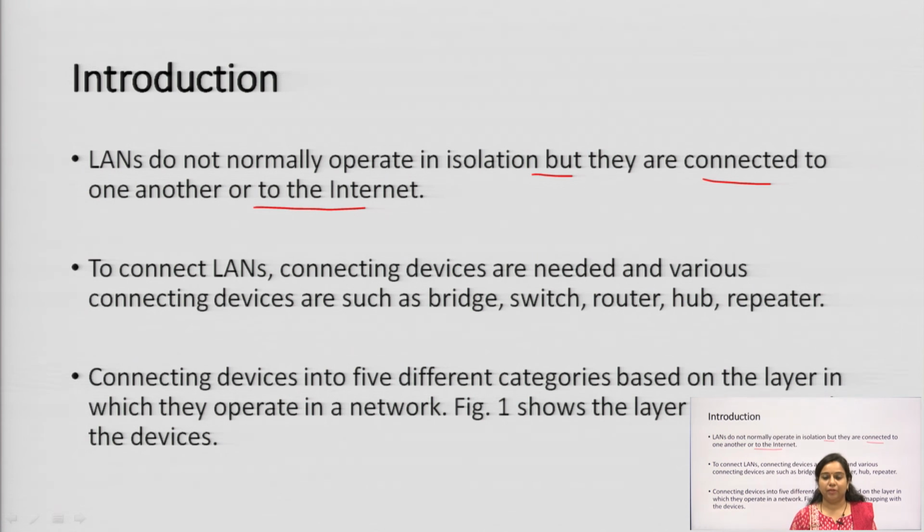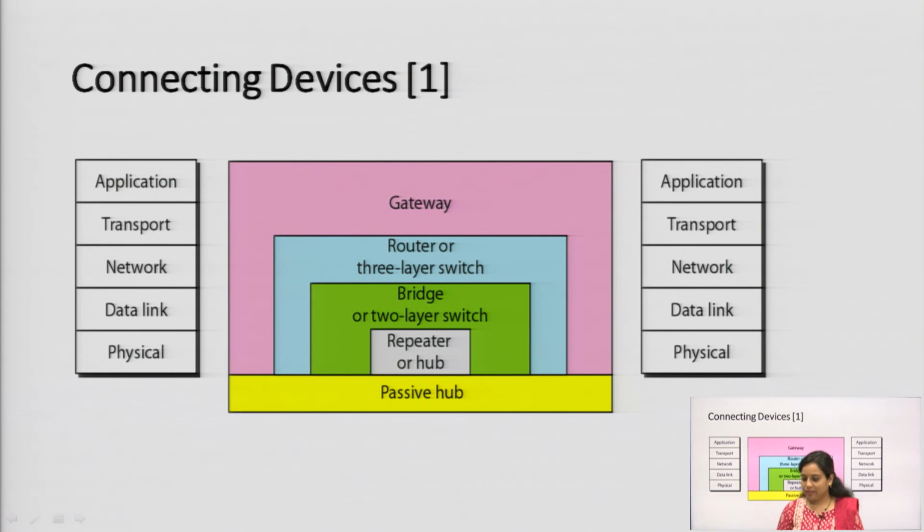It may also be possible that 2 LANs are connected together. So, to connect LANs, connecting devices are needed and various devices are available, that may be a bridge, switch, router, hub or repeater. So, there are basically different types of devices available.